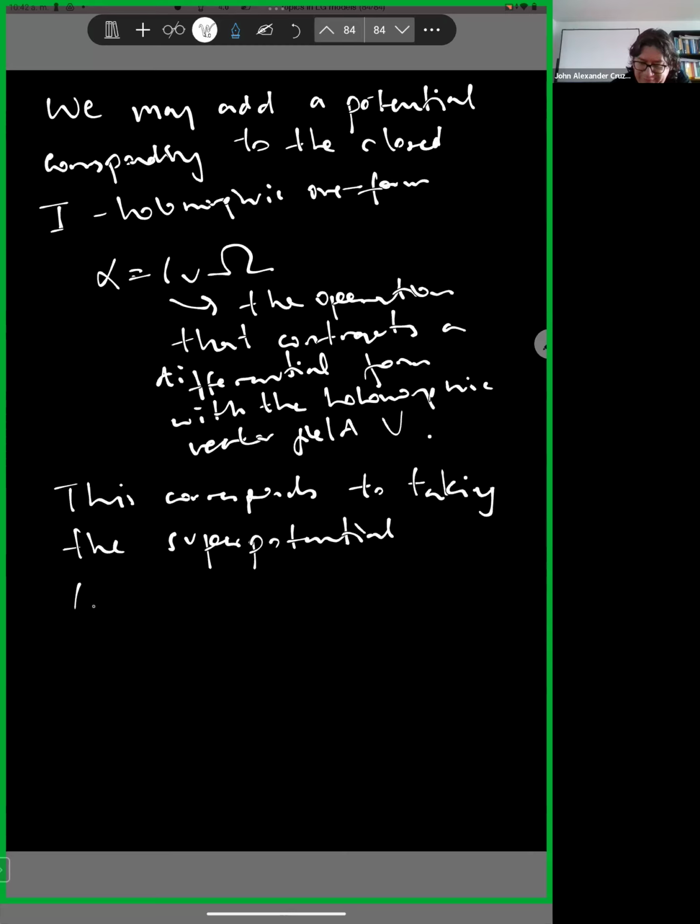When it is defined to be the complex moment map.